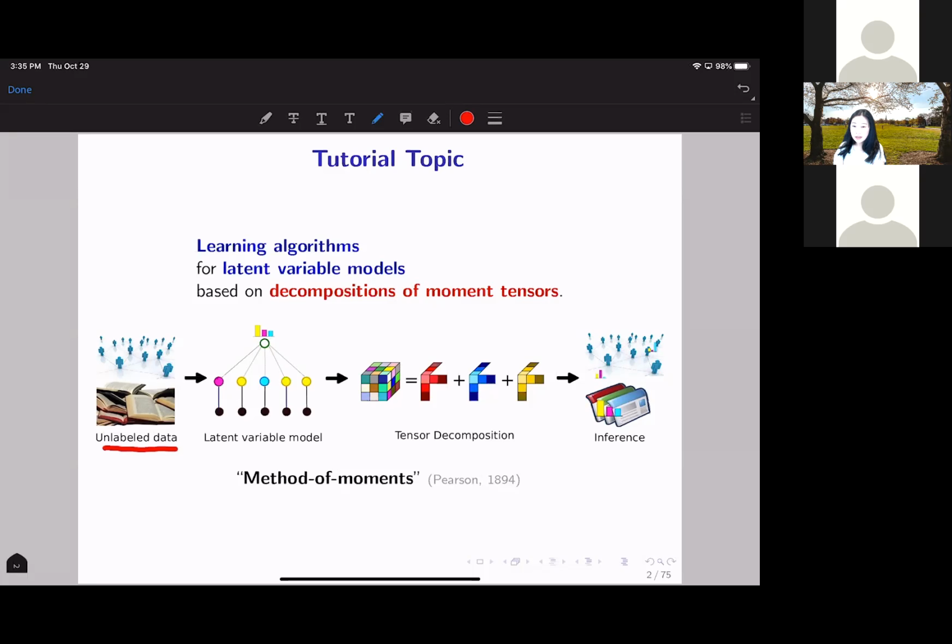For example, you can think about mixture of Gaussian, you can think about latent Dirichlet allocation and other models. So this is some model that you choose, very much like a neural network you choose for your learning. So this is a certain model you choose for your learning from the unlabeled data. Okay, so this is your hypothesis class, capital H.